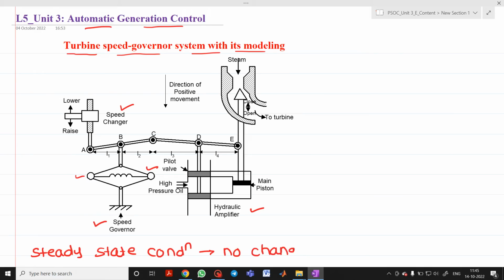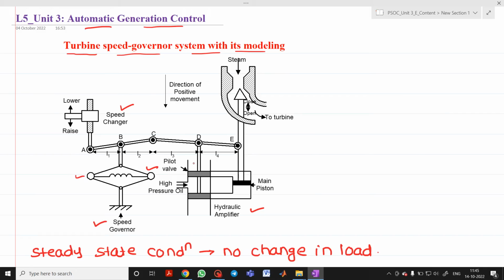So I will write it here, no change in the load. It is nothing but steady state condition. That is, whatever linkage mechanism we have, ABC and CDE, it will be stationary and this pilot valve is closed. So whatever diagram is shown here, the same condition will be. This is the diagram for a steady state condition.